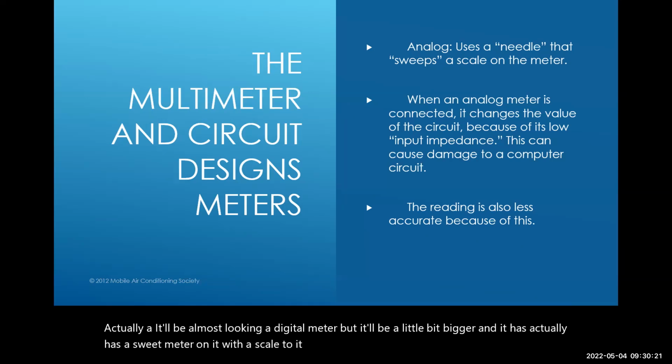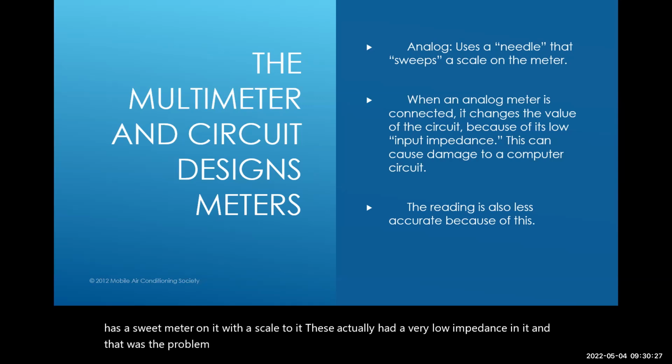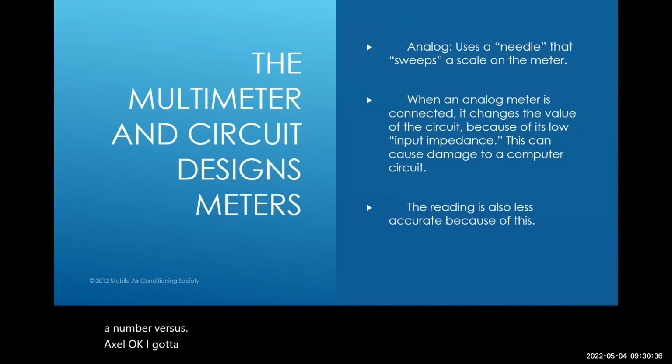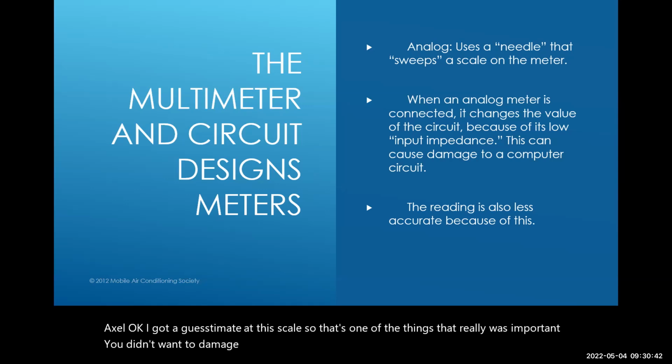These actually had a very low impedance, and that was the problem why we went over to the digital ones. Plus, you could get a number versus having to guesstimate at the scale. So that's one of the things that really was important. You didn't want to damage your electrical circuit. Not saying all of them did.